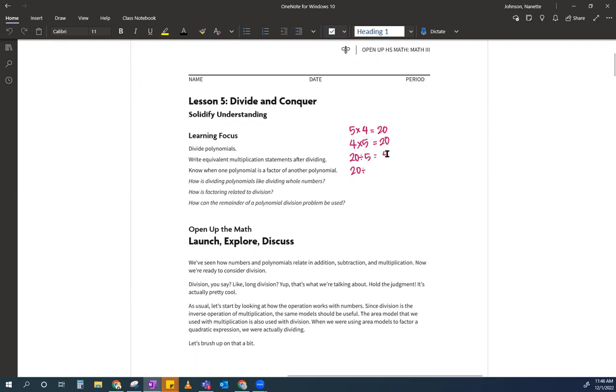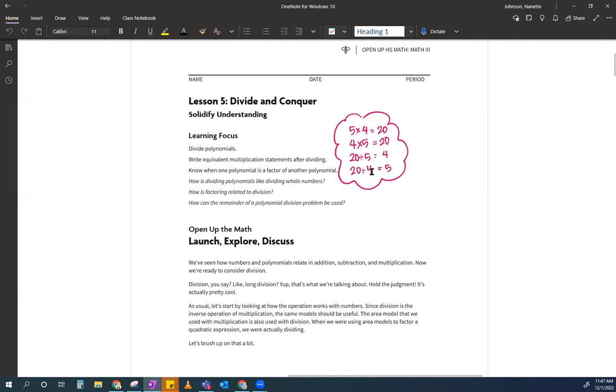These are fact families because when you were first learning division, it was hard for your brain to process. I know you can't remember this at all, but your brain didn't understand 20 divided by 5 equals 4. So what people would do is say, well, do you know 4 times what would give you 20? Let's say the problem was 20 divided by 4, and your brain's like, I don't know.